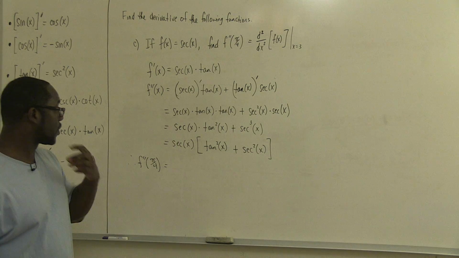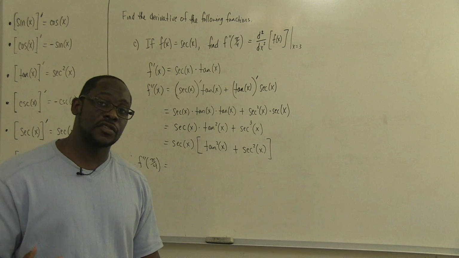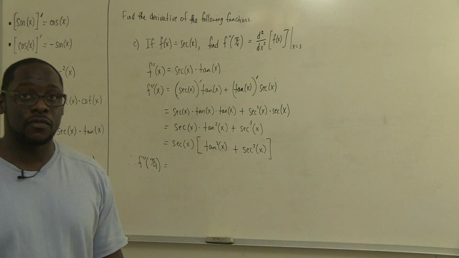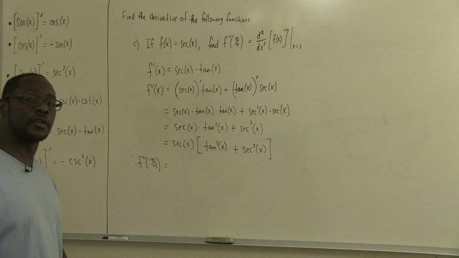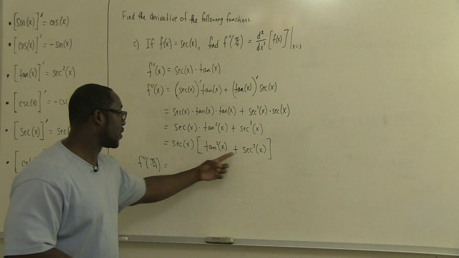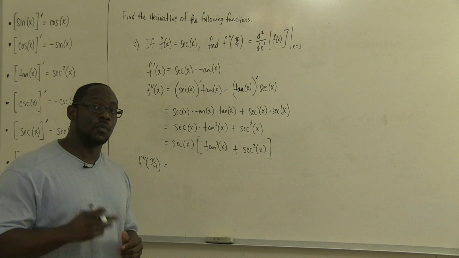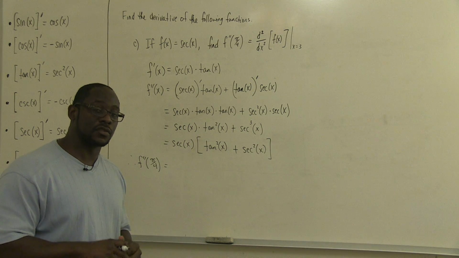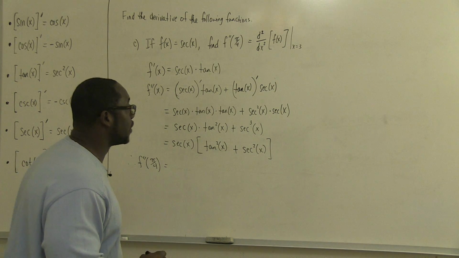So first things first, you may not necessarily know what secant x is when x is pi over 4, but you probably know what cosine of pi over 4 is. So we'll change all of our secant x terms into 1 over cosine x. So to help us be able to better identify what's going on there.